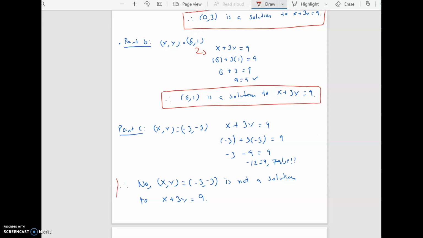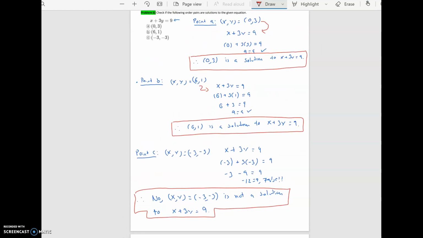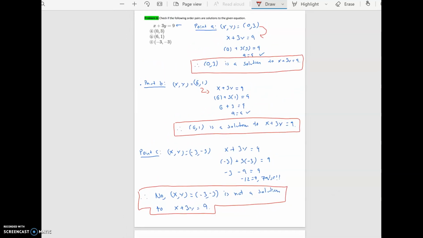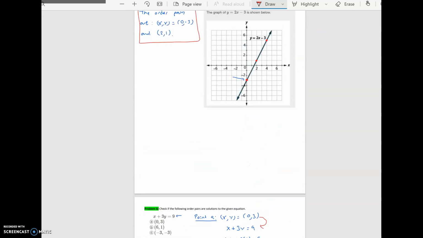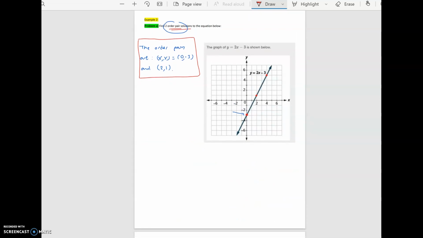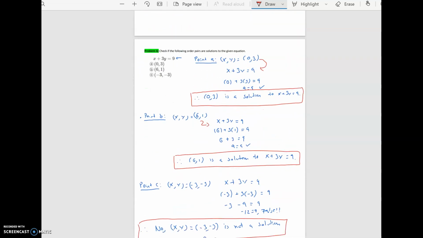That's the main idea for this problem, that if they're ordered pair solutions, those coordinate points are going to be on the line. Okay, so let me graph this one for you so that you get an actual perspective, and this way it looks similar to the one that we did above, except that on the one above they give us the points.